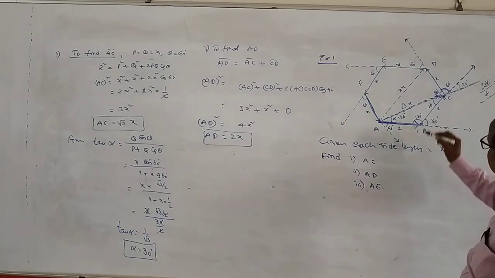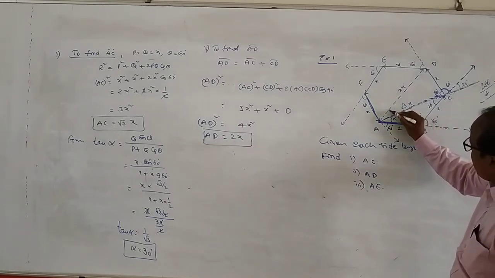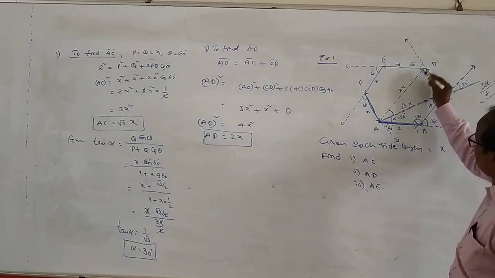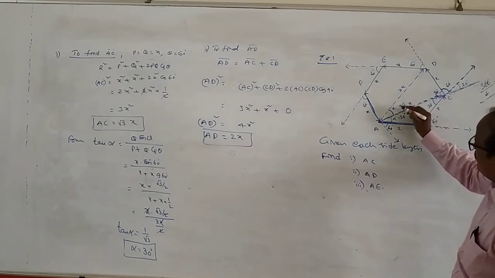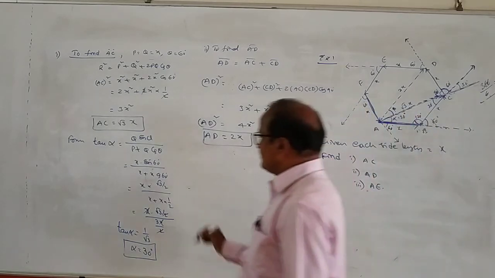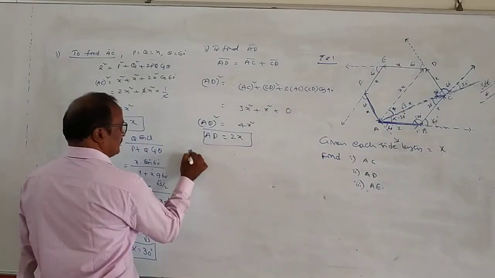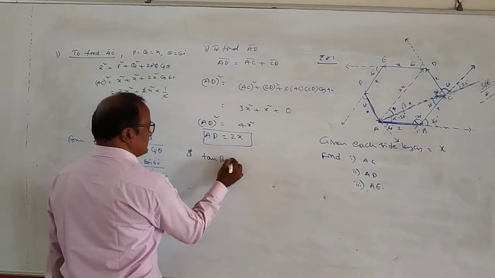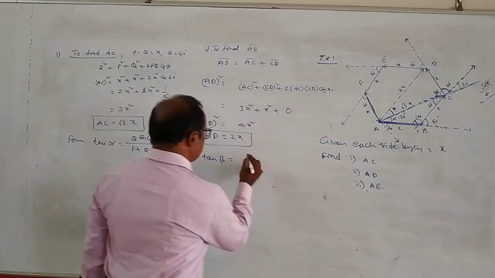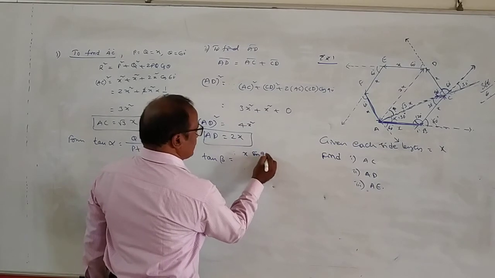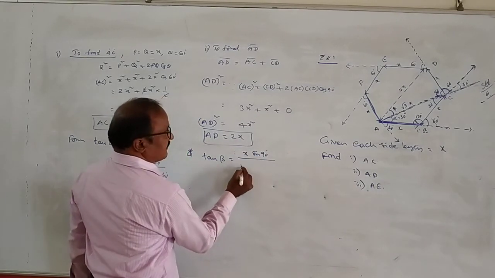Right? Here, this is the angle made by the resultant AD with AC. This is the beta angle. Tan beta is equal to Q sin theta by P plus Q cos theta, where Q means x, theta is 90, and P is root 3x.